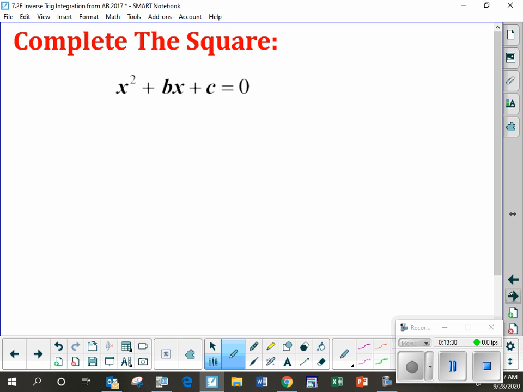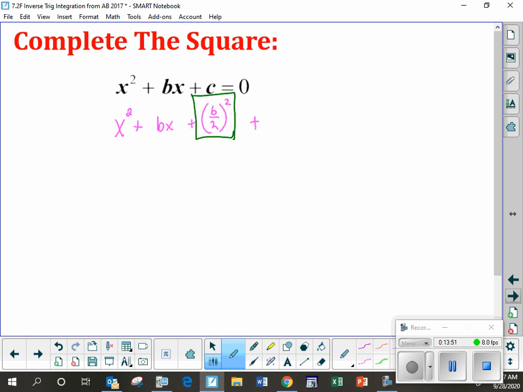Another technique that comes into play is completing the square. If you remember when you completed the square in Algebra 2, you took your middle term, divided it by 2, squared it, and it became the fill-in for us to create a perfect square trinomial.